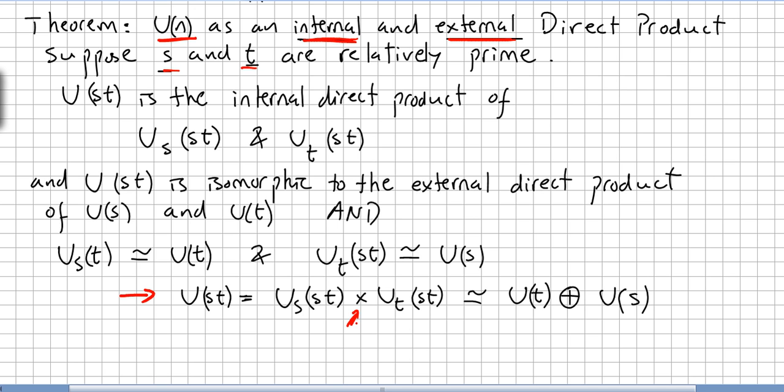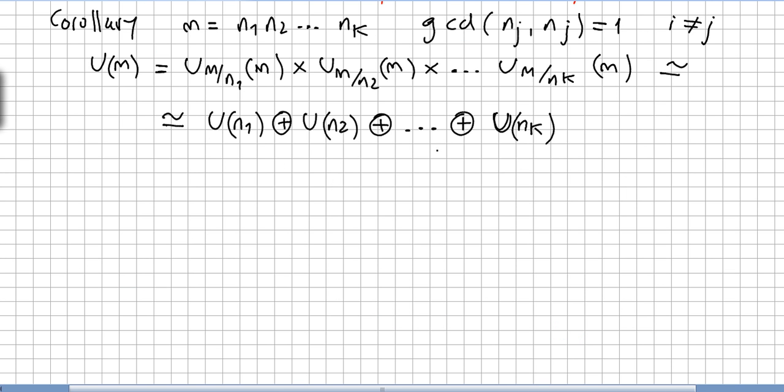So this is the internal direct product, and that is isomorphic to the external direct product of U(t) and U(s). The proof for this is really nice, but I'm not going to do it. And this is a corollary of the theorem.